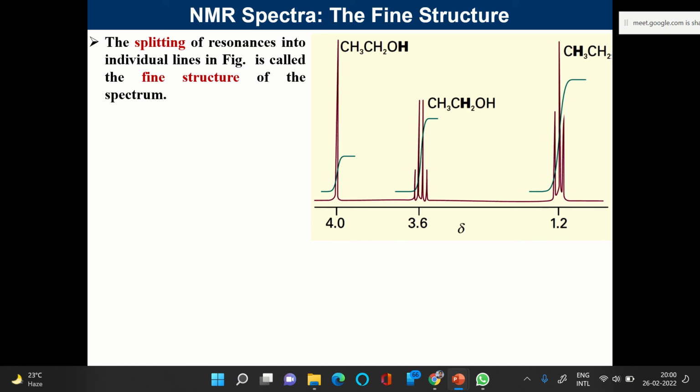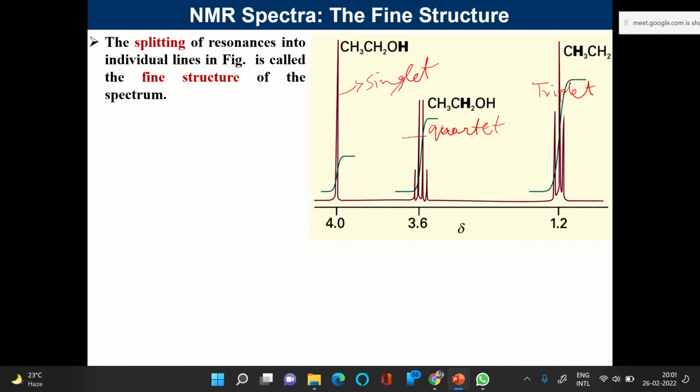So you can see a triplet, 3 peaks appearing over here. Here you are seeing a quartet, and this is a singlet.